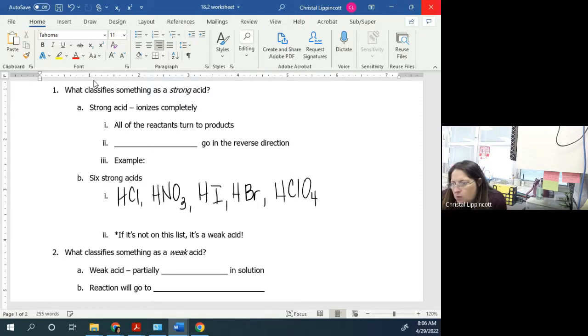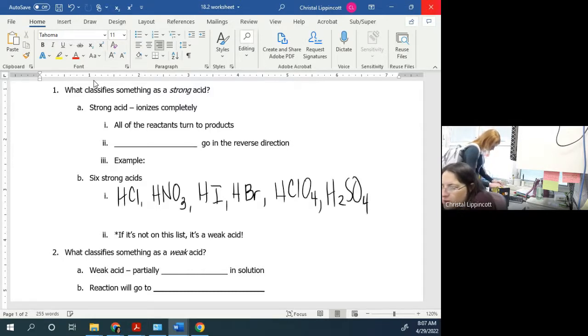Why did I put in the 1, 2, 3, 4, 5? I'm missing one. What's the 4th one? Why am I forgetting? Oh, sulfuric. H2SO4. Okay. So these are your 6 strong acids.